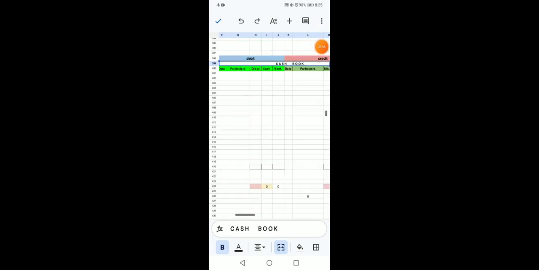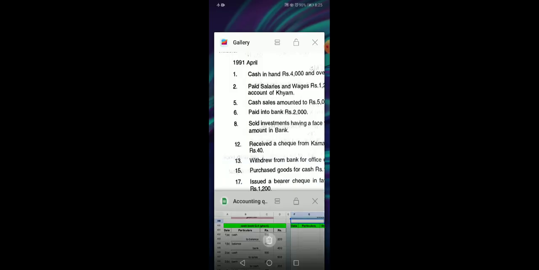Why are we making this cash book and why do so many entries need to be transferred into the cash book? Basically this cash book is used to convert the raw data which we have seen in these transactions into usable information. And what is that usable information?